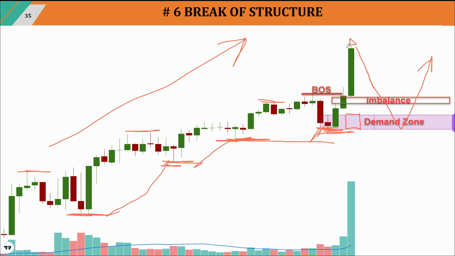We may not get a move that comes and breaks this structure to continue. We may see the market break to the downside and violate this level because of the shortening of the thrust, or else we'd be just sitting here ranging for a little while before either breaking to the upside or downside. So you'd have distribution at the top, and we would flatten out a little bit, and either we break to the downside or continue to the upside.